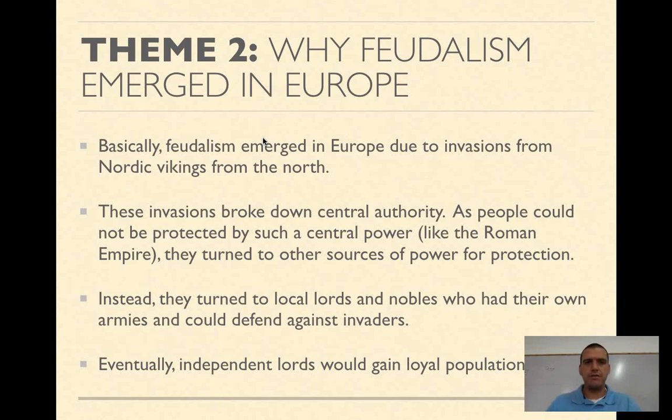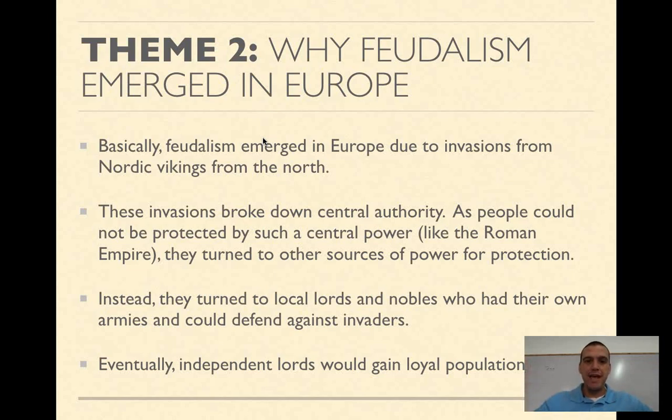Well, they continued to invade Europe once the Roman Empire collapsed. And what we said also in the last section is that these invasions broke down the central authority, i.e. the Roman Empire. So people could not be protected by the central power, so they turned to other sources of power for protection.